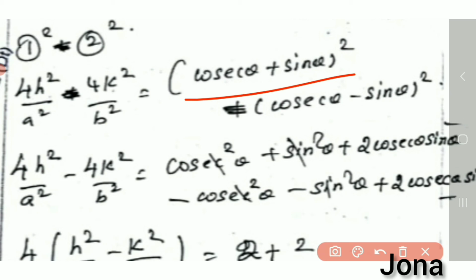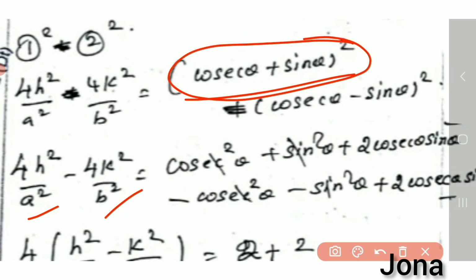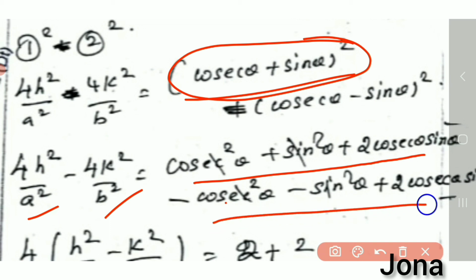So we have 4h square by a square minus 4k square by b square equal to, we want to write this as a plus b the whole square, that is nothing but cosecant square theta plus sin square theta plus 2 cosecant theta sin theta, minus of. So we can multiply the whole thing by minus here, so that we have cosecant square theta minus sin square theta plus 2 cosecant theta into sin theta.